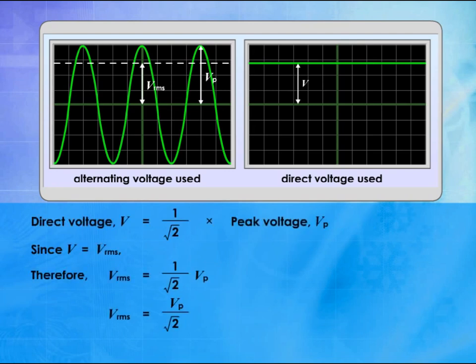Direct voltage can be calculated by multiplying the reciprocal of square root 2 to the peak voltage. Since the direct voltage is equal to the root-mean square voltage, therefore the root-mean square voltage is equal to the peak voltage divided by square root 2.